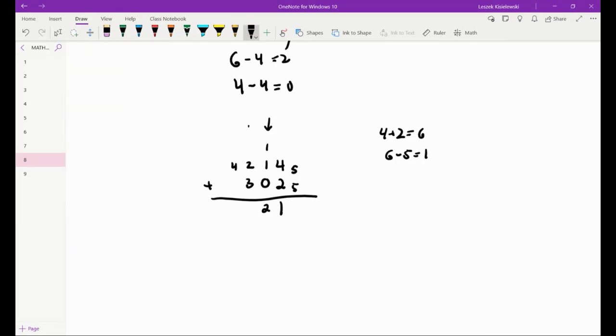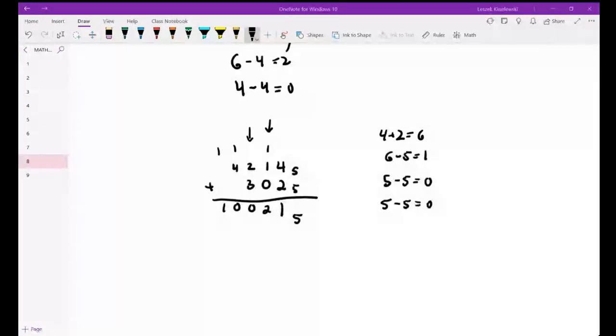Next column is 2 plus 3, which is 5. That is our base value, so we subtract the base value to get what we put down, and we carry 1. And then 1 plus 4 is 5. That is our base value, so subtract the base value and carry 1. So very good, 10021.